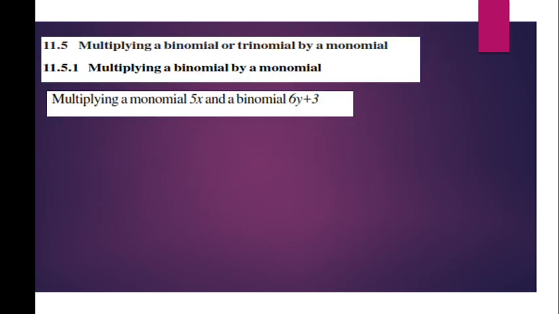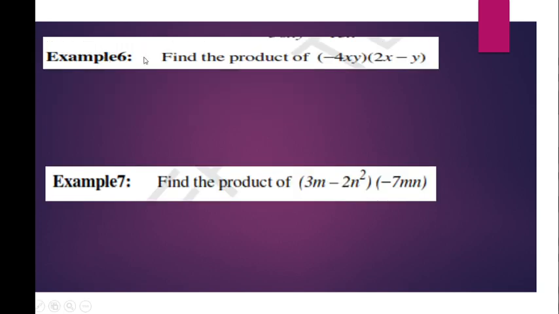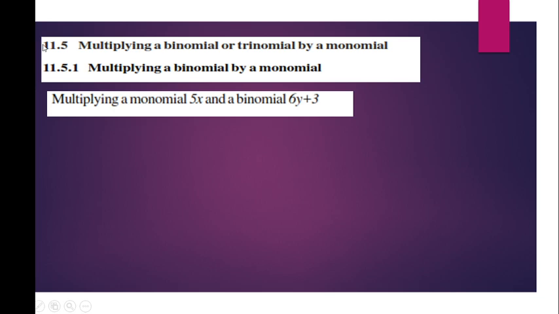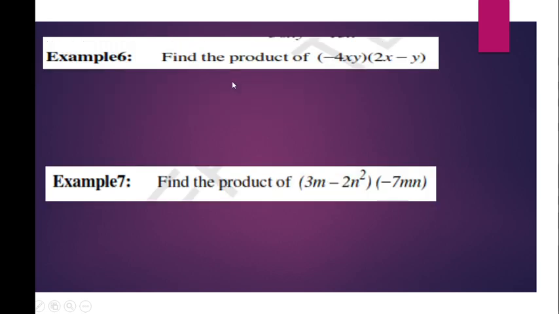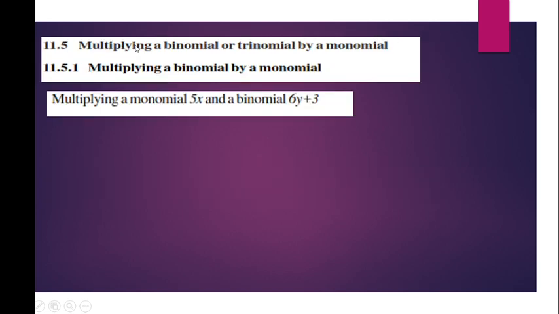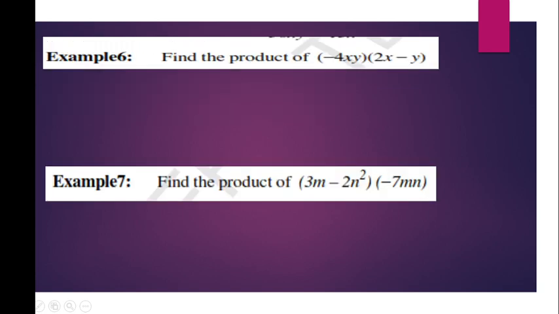Now let's look at this question. The question is multiplying a binomial or a trinomial by a monomial. So we are multiplying a binomial by a monomial.